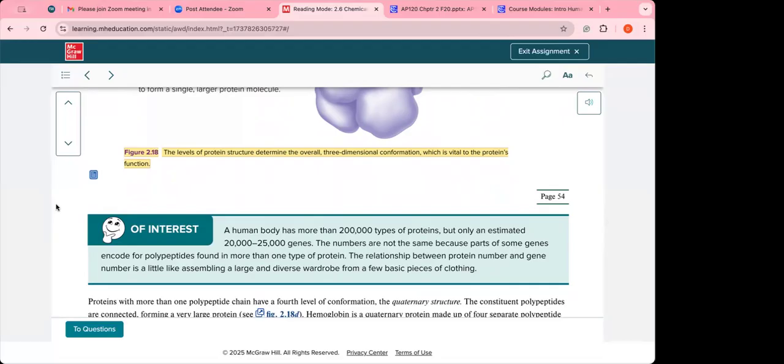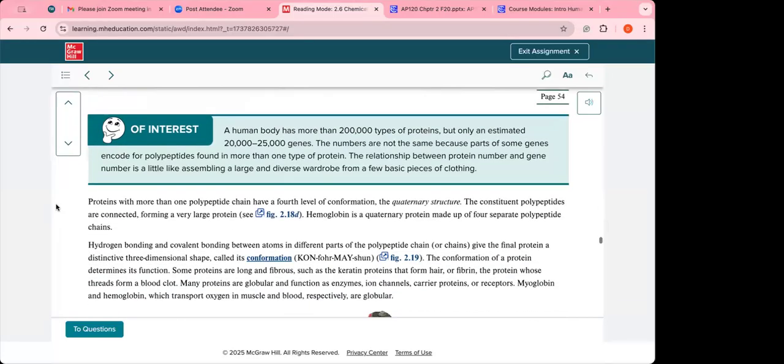So the levels of protein structure determine the conformation. Okay, proteins with more than one polypeptide chain, the constituent polypeptides are connected. Hemoglobin is a quaternary protein. Okay, keep going. I'm going to see if they say anything else.